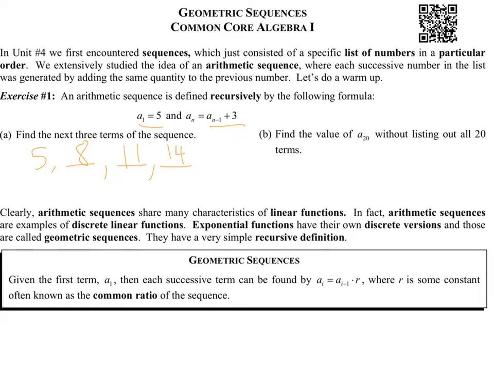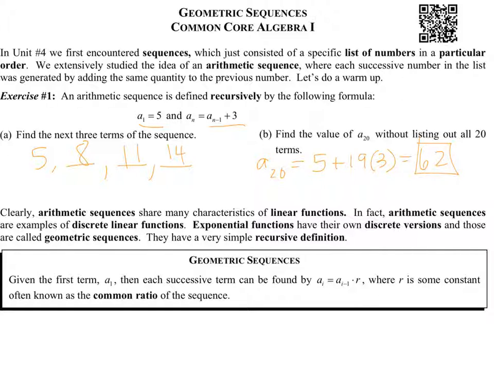So A20 is our first term plus 19 more terms times 3. Well, 19 times 3 plus 5 is 62. So the reason why we don't multiply by 20 and instead we're multiplying by 19 is because we're adding our first term already. So clearly, arithmetic sequences share many characteristics of linear functions.